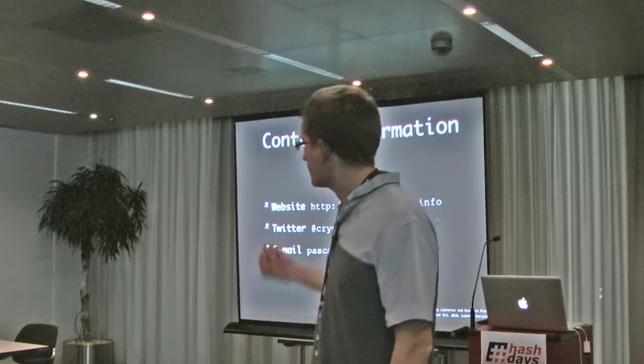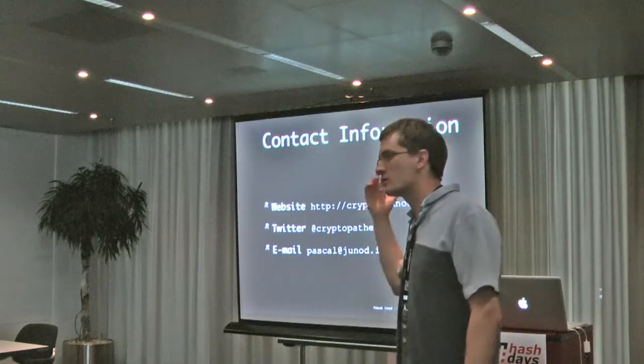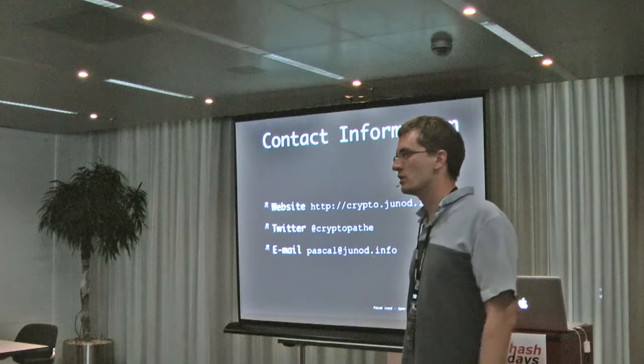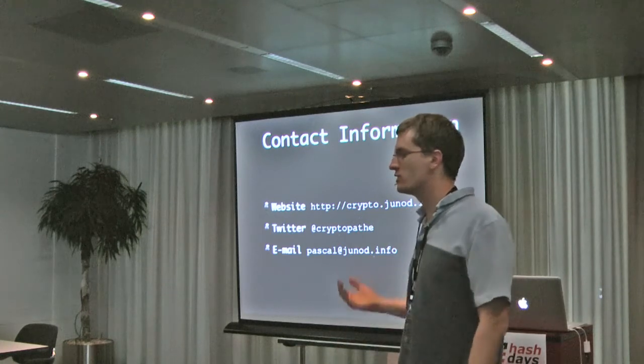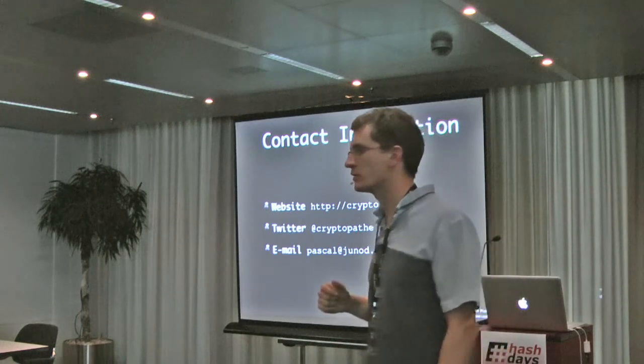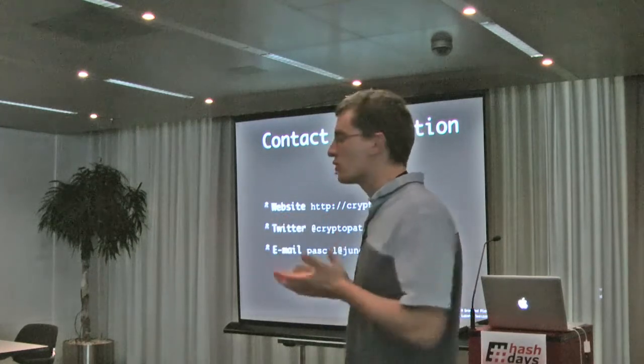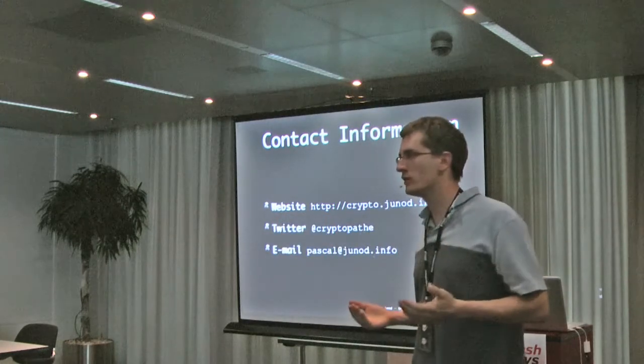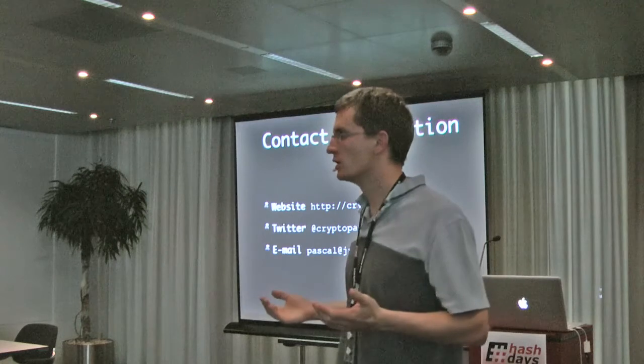Basically, implementing AES or triple DES using table lookups, you will never be able to completely protect against this kind of attack. But it's not a problem, because we know how to implement AES today in a constant time way.